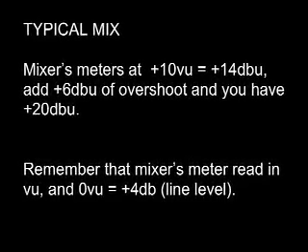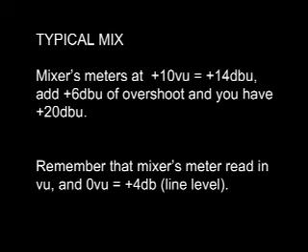In a typical mix, your music peaks might illuminate the yellow section on your mixer's meter at +10 VU, which is the equivalent of 14 dBu. But this doesn't take into consideration fast transients, which for the most part are underread by consoles by about 6 dBs, meaning that these transients will occupy 6 dB of your headroom.